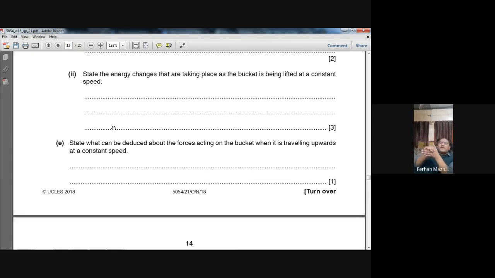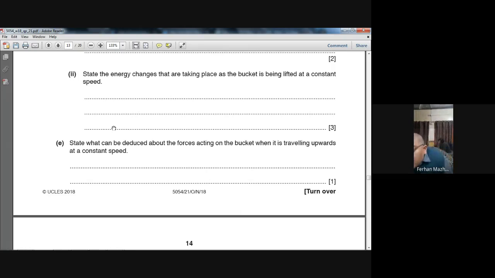Another thing can be said: because the bucket is lifted upward, it is gaining gravitational potential energy. So the chemical potential energy is converted into the gravitational potential energy of the bucket, and it is also converted into heat.